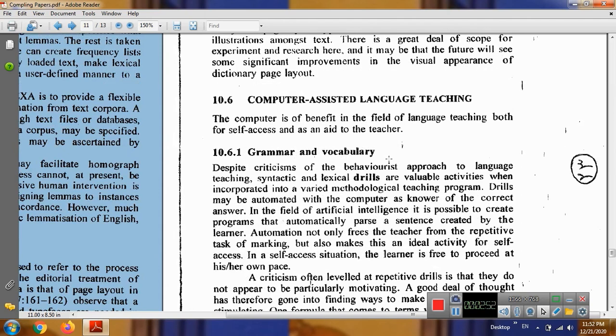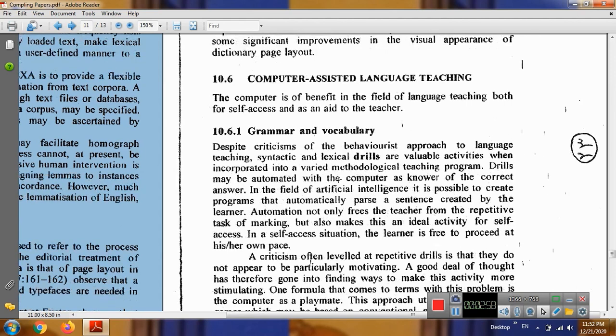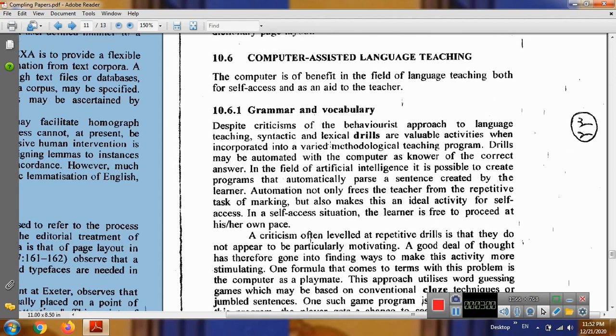Grammar and vocabulary. Despite a criticism of the behaviorist approach to language teaching, syntactic and lexical drills are valuable activities when incorporated into a varied methodological teaching program.